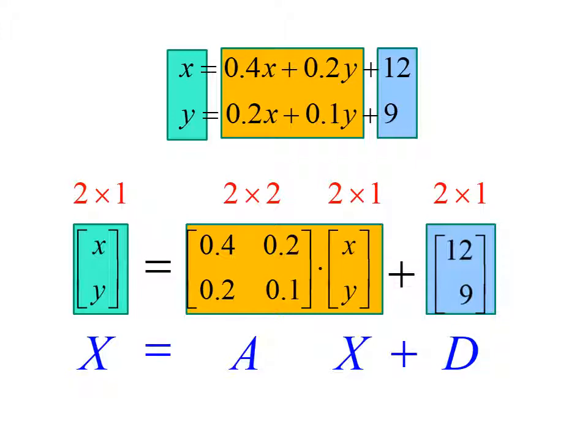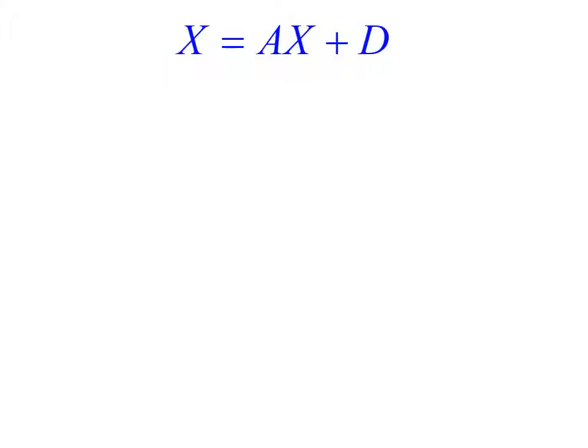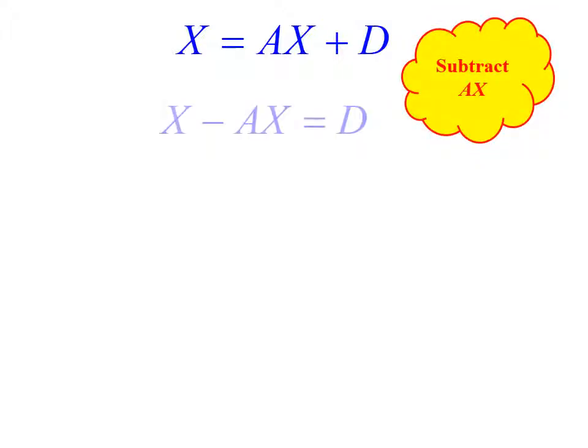X equals AX plus D. Now, what this section is about is basically not how we come up with that, but how do we solve that now that we have it? Well, again, in matrix form, we can't go dividing. We can, however, subtract the AX from both sides. On the left, we can factor.